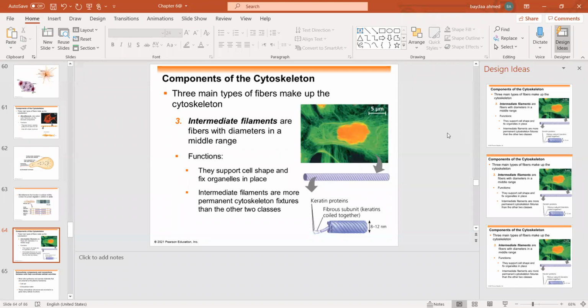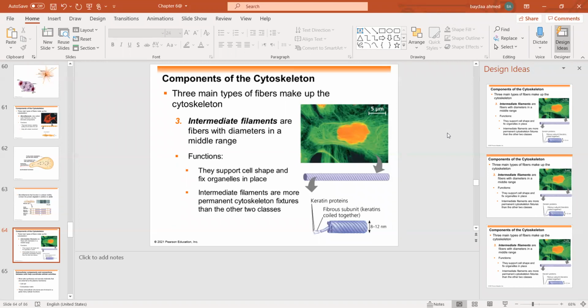The third component, we have intermediate filaments. Intermediate filaments are named for their diameter, which is larger than the diameter of microfilaments, but smaller than that of microtubules. They are a more permanent fixture of cells than microfilaments and microtubules. Even after cells die, intermediate filament networks often persist.